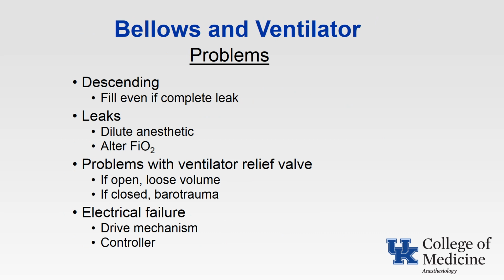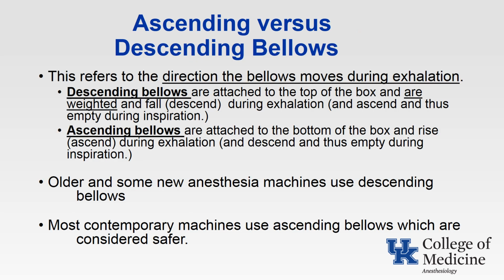There are a number of problems. These include leaks, problems with the ventilator relief valve, electronic failure, and finally problems with descending ventilator bellows, which I'll discuss in a moment. Bellows are classified as descending or ascending. This refers to the direction the bellows moves during exhalation.